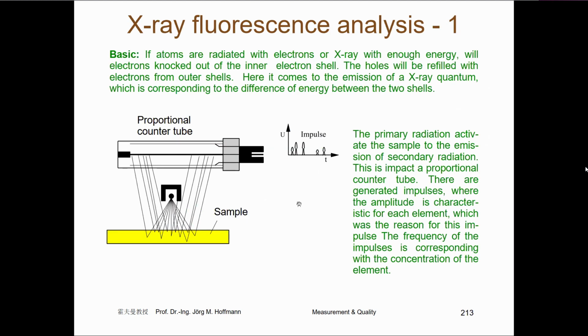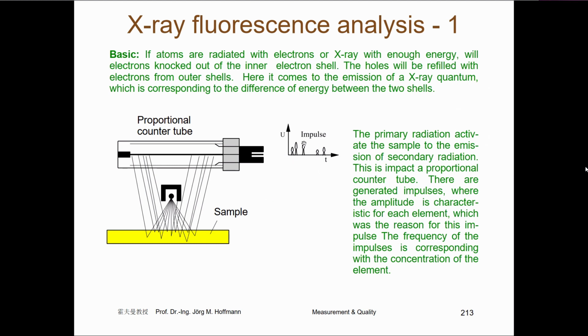And this is the measurement device. You see here you have the radiation source that can be X-ray, that can also be atomic ray. And you irradiate your sample, and you get the secondary beam for each metal with a special amplitude and a special wavelength, so that you get impulses. They look a little bit like mushrooms, but that shall be impulses.